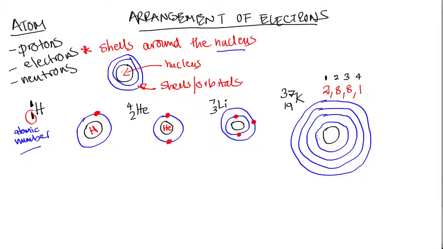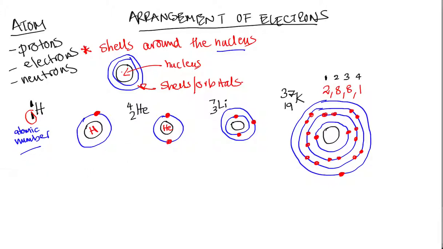Okay, let's go ahead and put the electrons in. So that's 2 there, 1, 2, 3, 4, 5, 6, 7, 8 electrons in the second shell, 1, 2, 3, 4, 5, 6, 7, 8, and then 1 electron in the last shell.